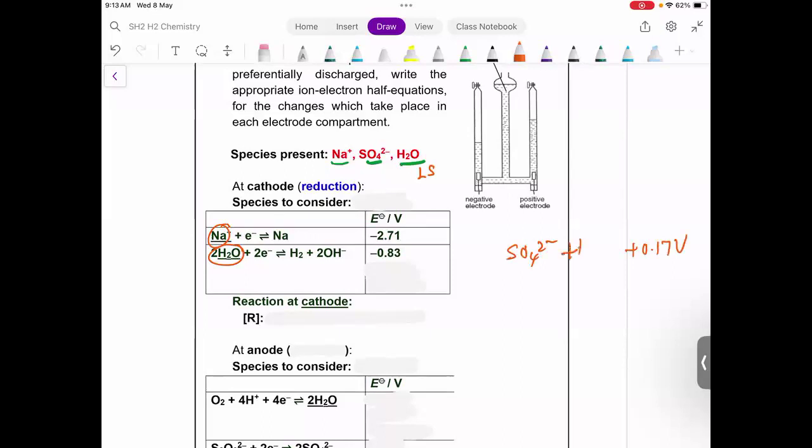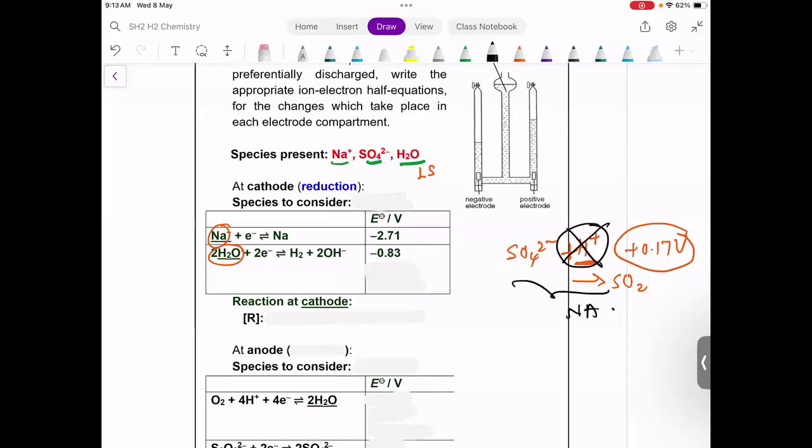So this half equation can only occur when there is an acid provided. The question never highlights an acidified medium, so this cannot occur without the presence of the acid. So this half equation is not applicable.